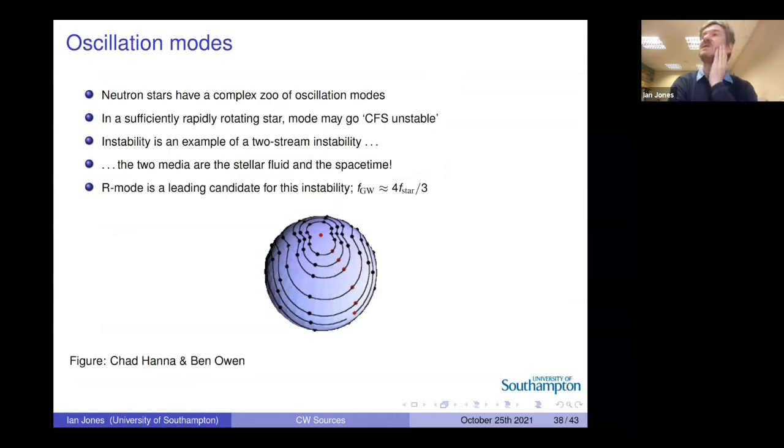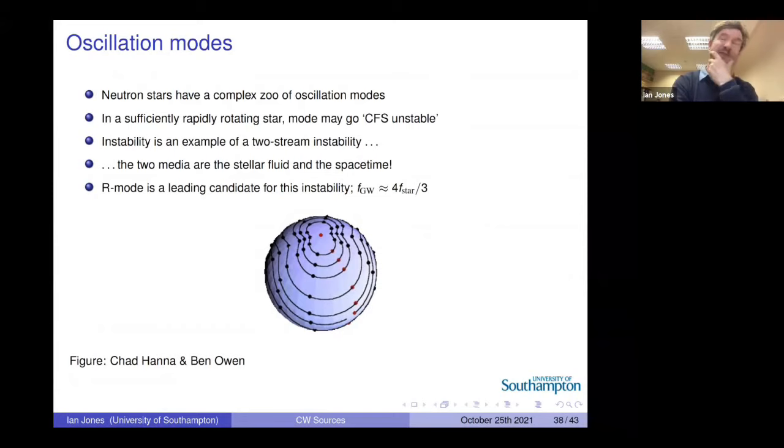And the story goes like this: normally, if you've got a neutron star and you set up some mode in it, if you ignore things like viscosity, that mode will radiate gravitational waves and it will damp away. As I say, some of them damp away on timescales of 0.1 seconds. Other modes might take longer, but they all emit energy as gravitational waves and they all damp away.